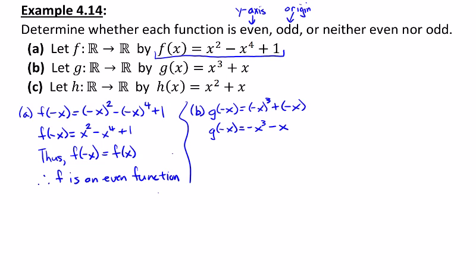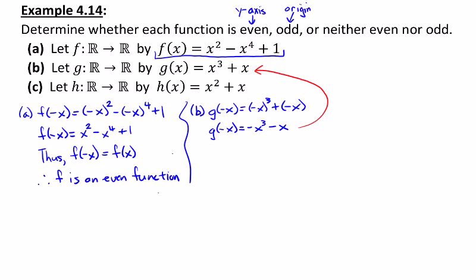And I have to admit, that does not look exactly like the original equation. However, it does look like it's the exact opposite of the original equation. And that's what the definition for the odd function is looking for. Is your g of negative x exactly the opposite of the original function?